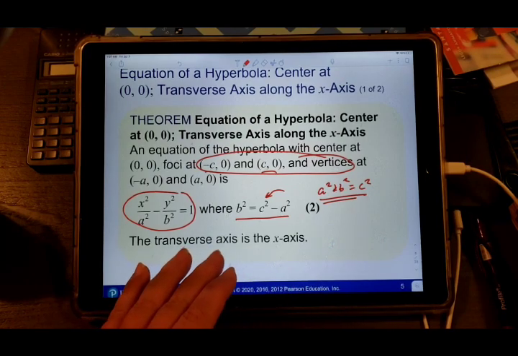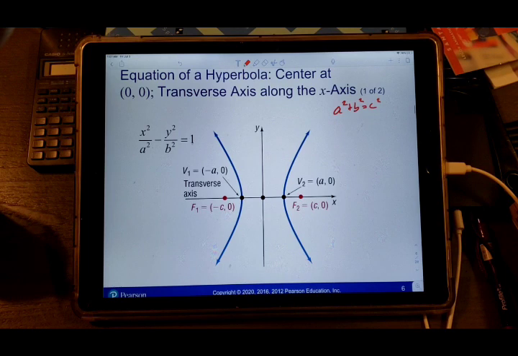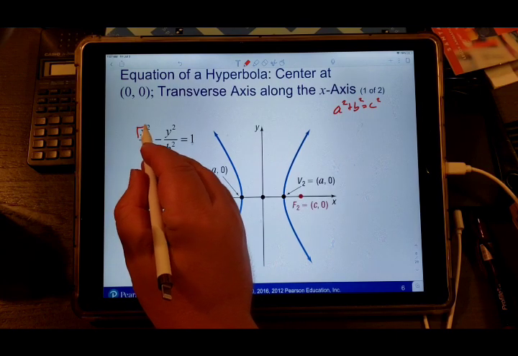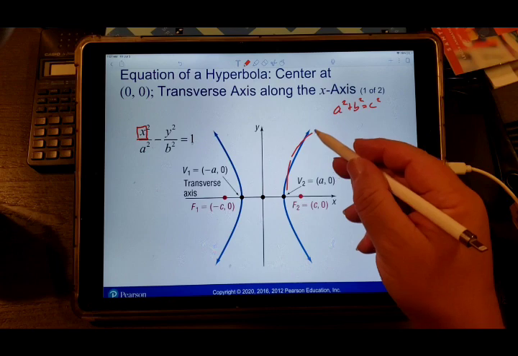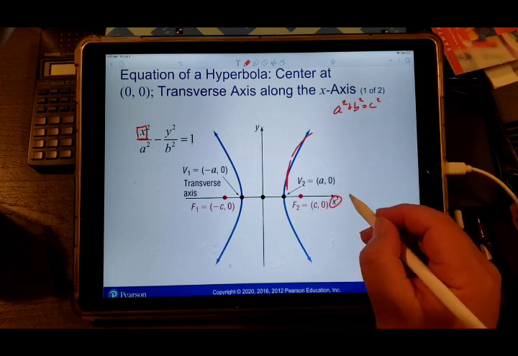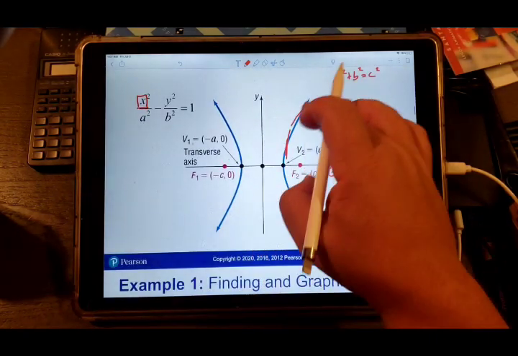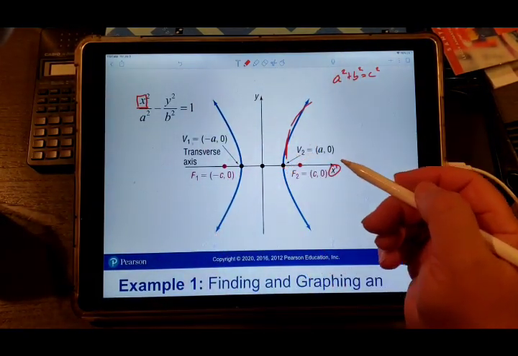The transverse axis is important to us. This is what it's going to look like. If you start with the letter X, that has nothing to do with size, just the letter X, then X becomes what we call the transverse axis, where you have the curvature wrapping around and intersecting the x-axis.